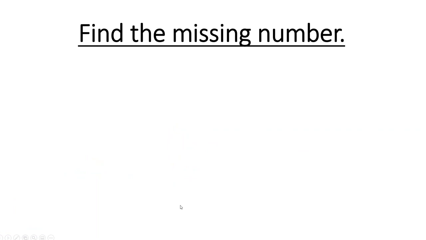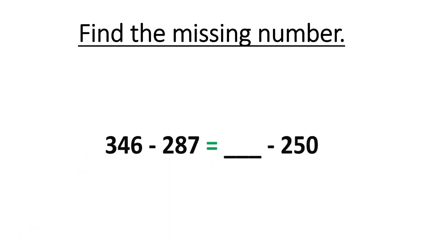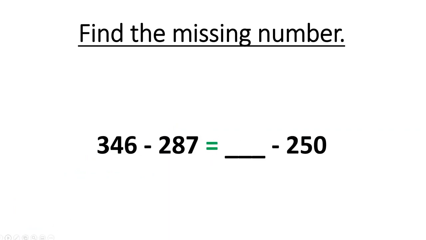Now, find the missing number. Pause the video, figure it out. If you can do it in your head, awesome. This is 250, hope you unpaused. 250, I have 87, I subtract 7, because this is bigger, so I have to subtract. So I know that's 0, and now I need this to be a 50 here.